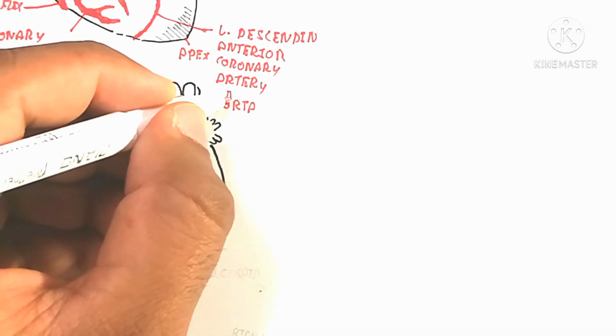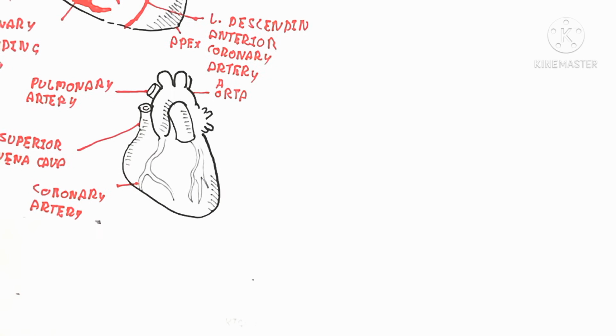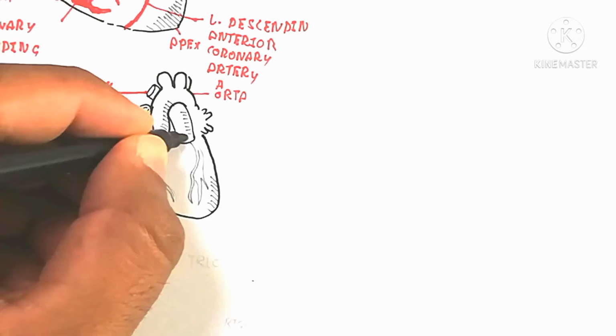So here is the heart, which contains a pulmonary artery, aorta, superior vena cava, and the coronary artery. In this diagram we will discuss the upper part of the cross sectional area.